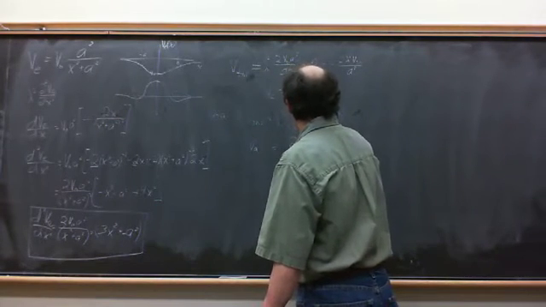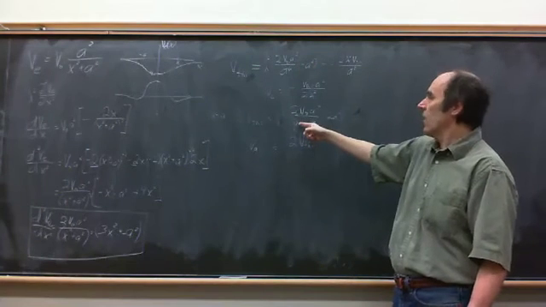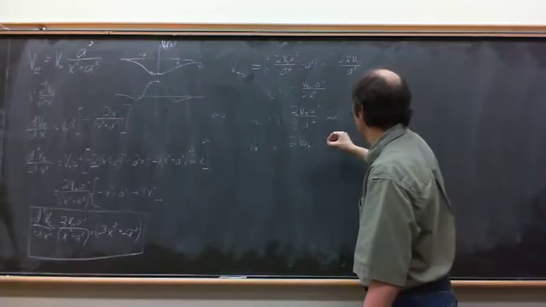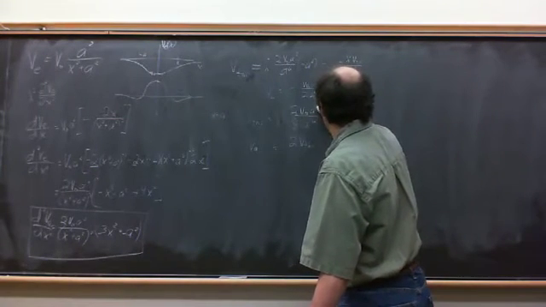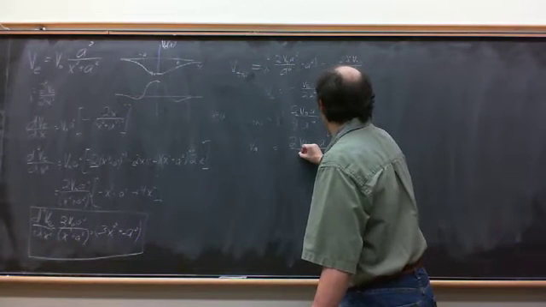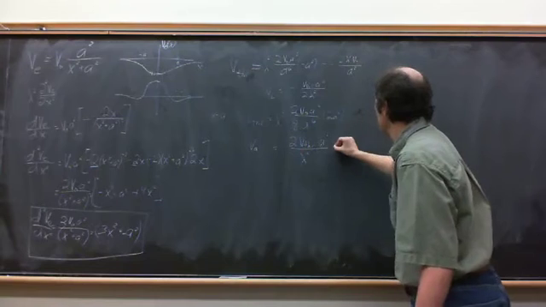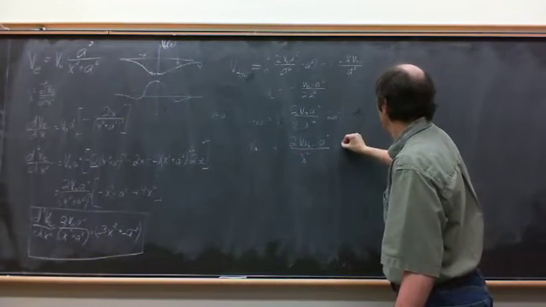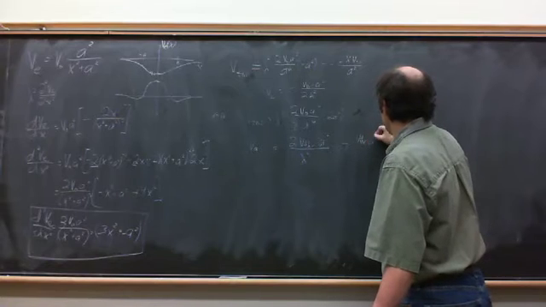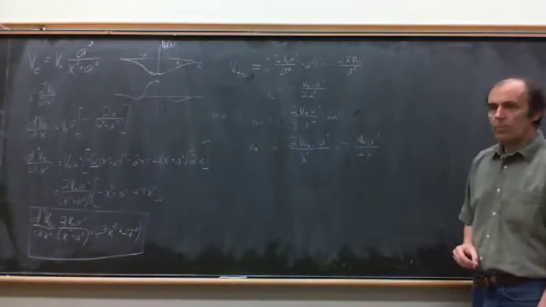That's where I was getting in trouble. 2 into 2 into 4, they'll cancel, give you a 2 downstairs, but you're solving it for V a, so it becomes 2 upstairs. And this would be a squared over 2 lambda squared, which is equal to 4 times v threshold, a squared over 2 lambda squared.